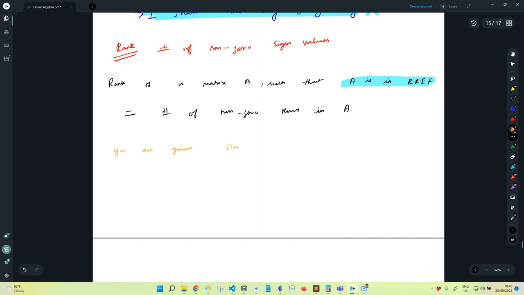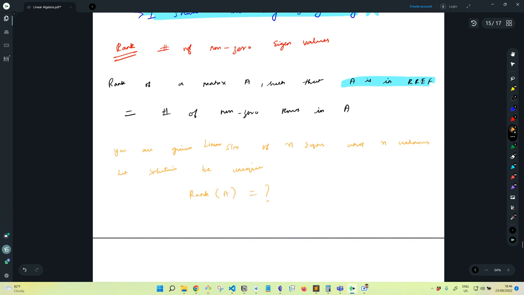Let's say you are given a linear system of n equations and n unknowns. For this system, it happens that the solution is unique.